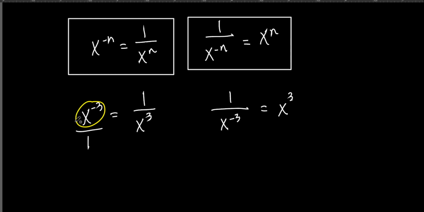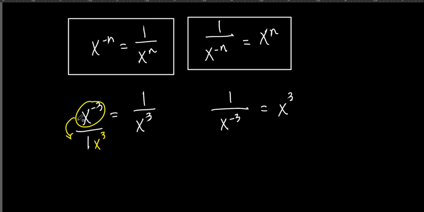So if this is on top, where are we going to throw it? Down to the bottom. But when we throw it down to the bottom, we got to change something. If we move it, we can't just keep it exactly the same. We got to change it. So what do you think we're going to change? The sign of the exponent. So if I take it and flip it to the bottom, then I'm going to make it x to the what?